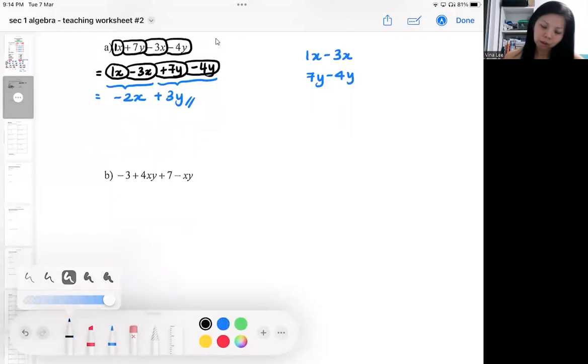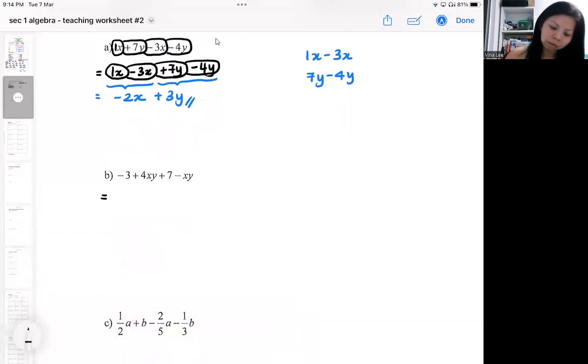So in the next question, we got a constant. So this is a term as well. We got a constant and we got the xy. So I'm going to reshuffle the constant together. I'm going to reshuffle the xy together.